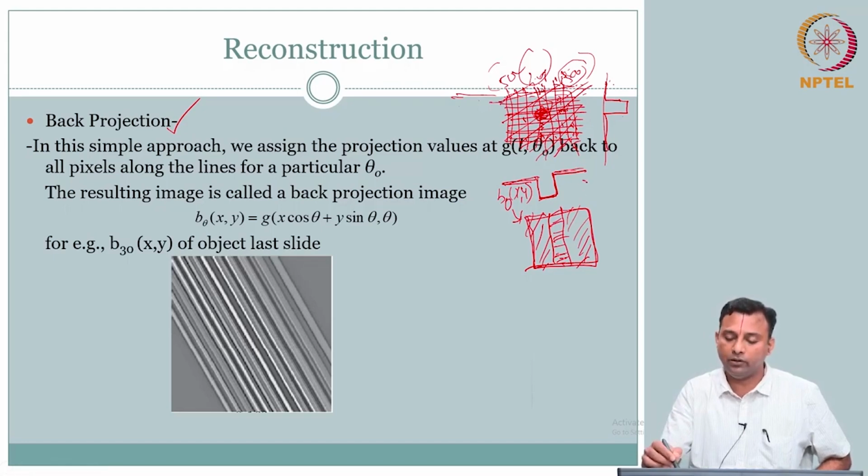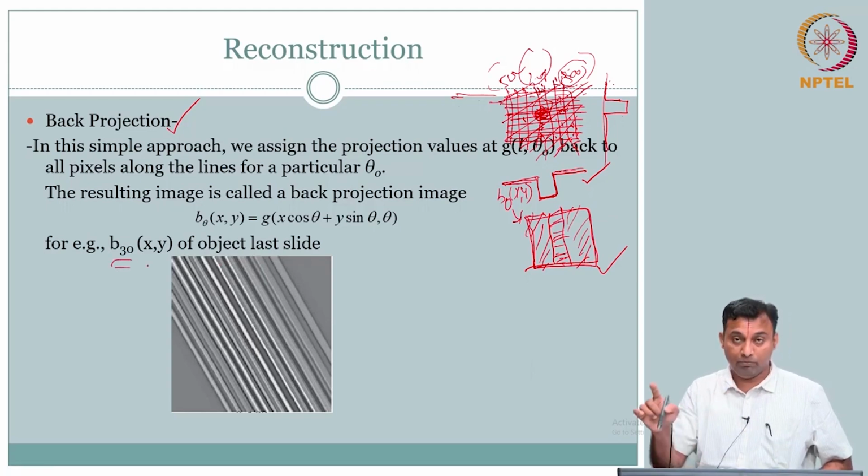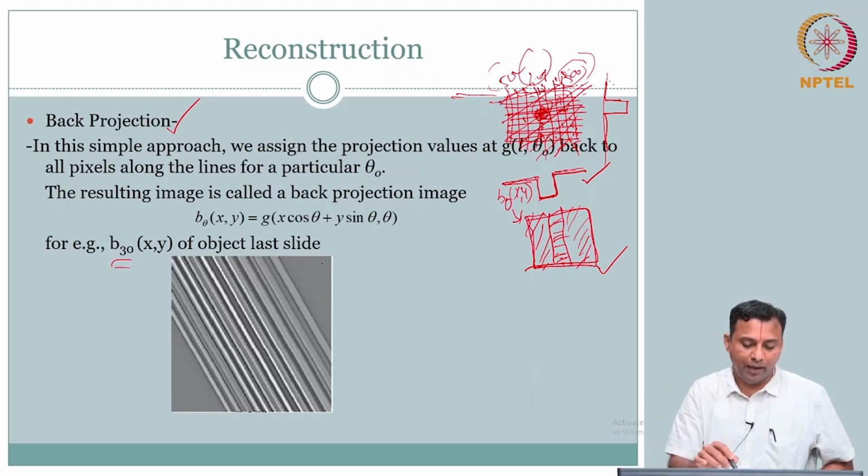So one dimension becomes 2 dimensions. Likewise, the complex object that we saw in the previous slide, if you take an example 30 degree sinogram, if you take the one at 30 degree and project it back at that angle in that space of x comma y, this is the object.